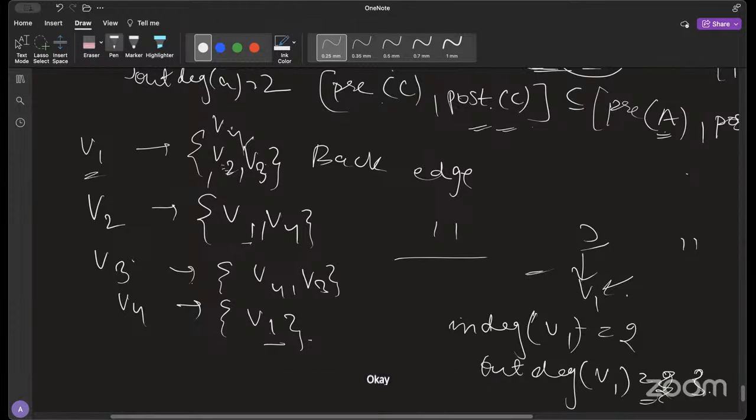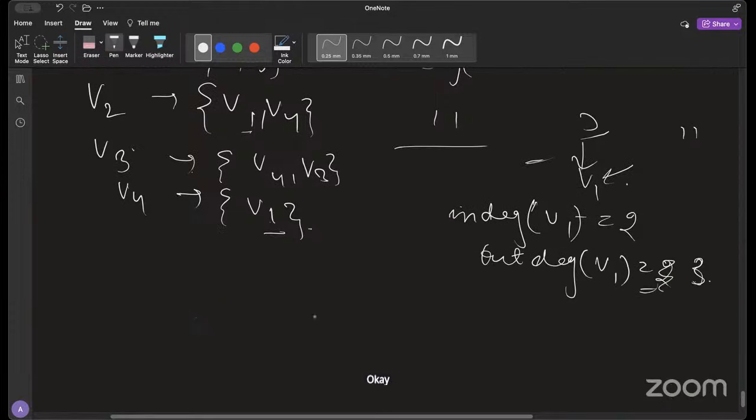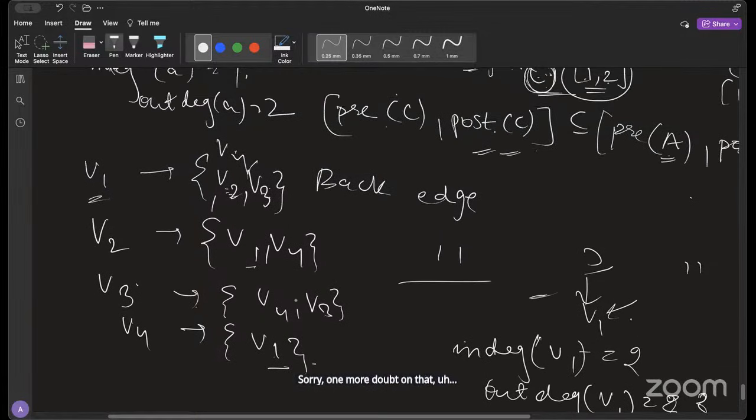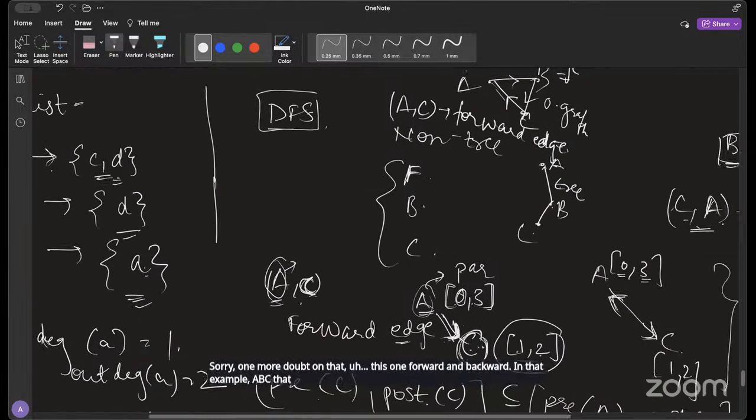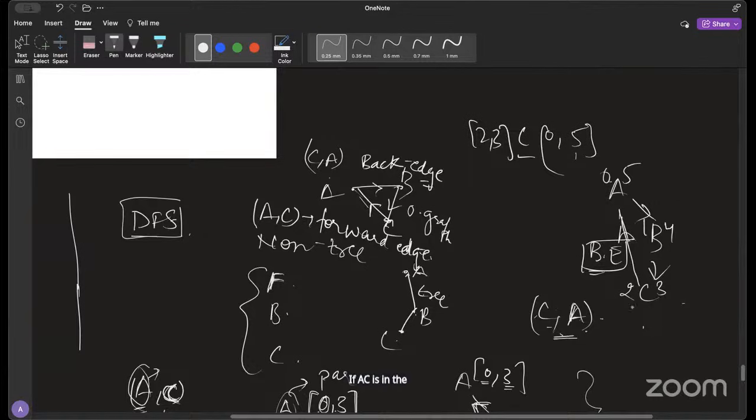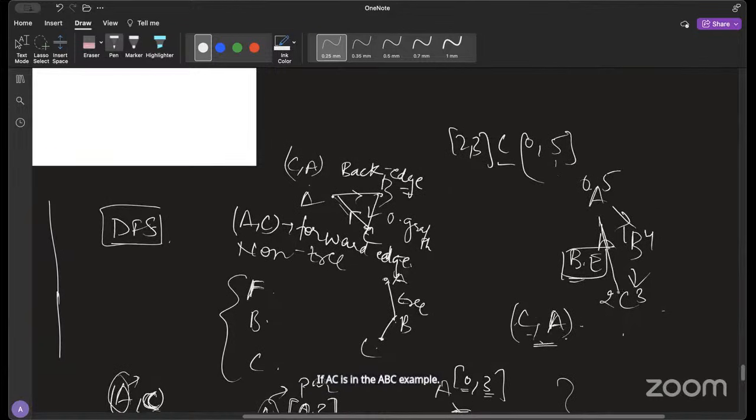Okay. Sorry, one more doubt on forward and backward. In that ABC example that you gave, if you scroll up please on the right side. If AC is bidirectional, then it is both a forward and backward edge, right?